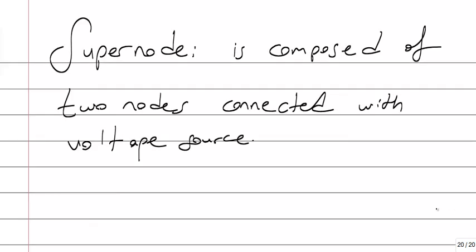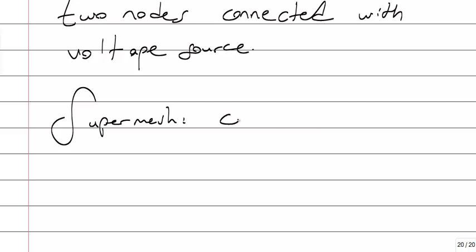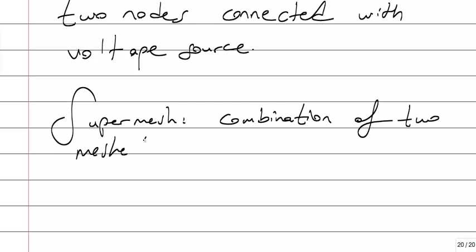So between these two nodes, if there is a voltage source, they are super nodes. Super mesh is the combination of two meshes.